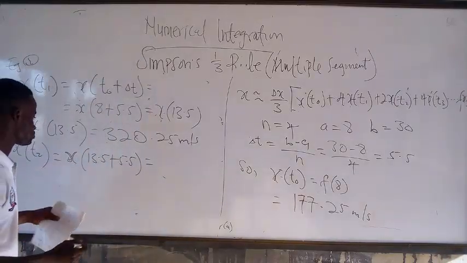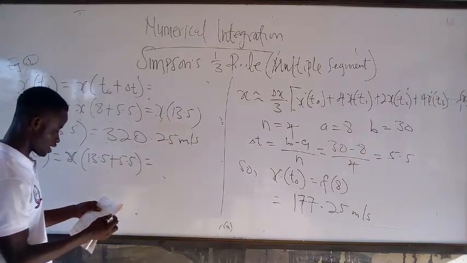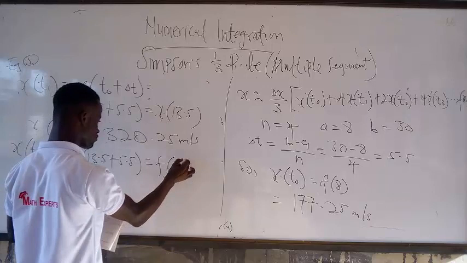Okay, so for the results here, you add the 5.5 again, and that one will give you f of 19.